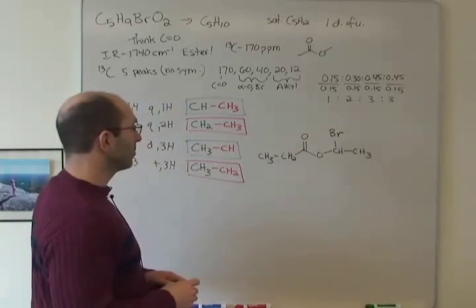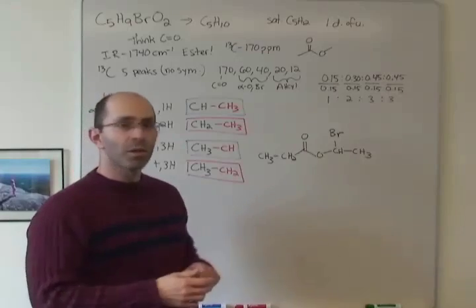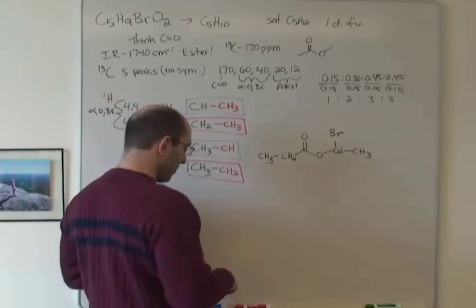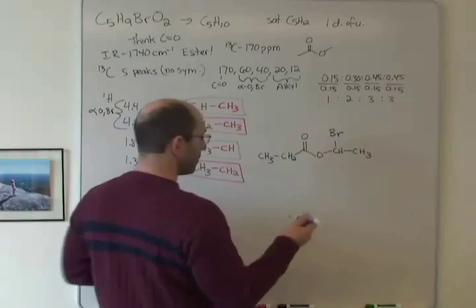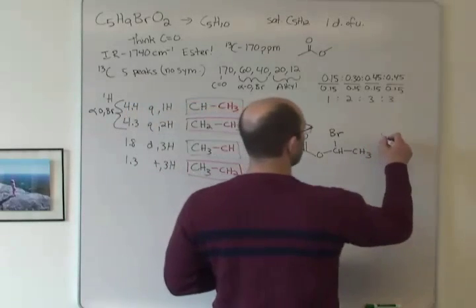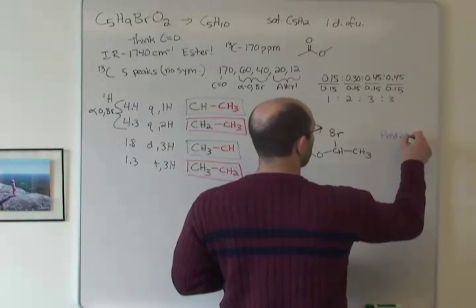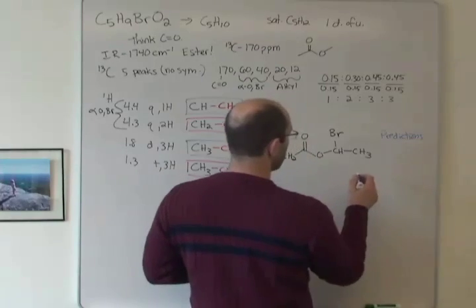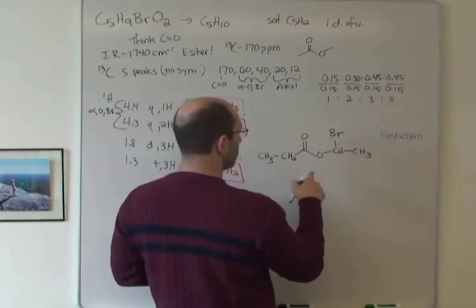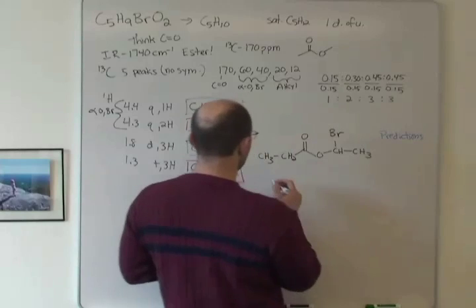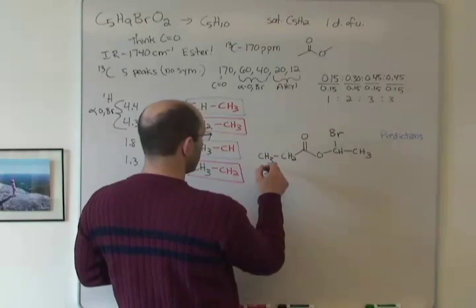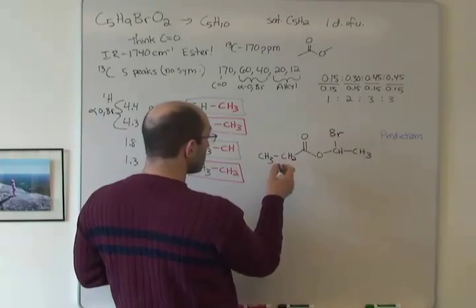Now let's go through and see if it makes sense. Let's predict what the spectrum would look like. Let's use blue to do predictions. Let's just work our way through this. So this is going to be CH3, CH2, so this is our ethyl group.